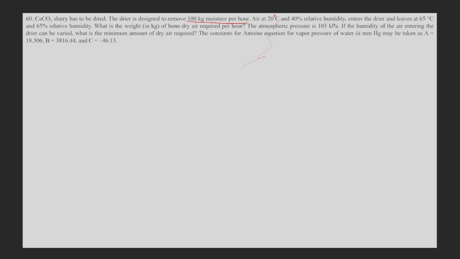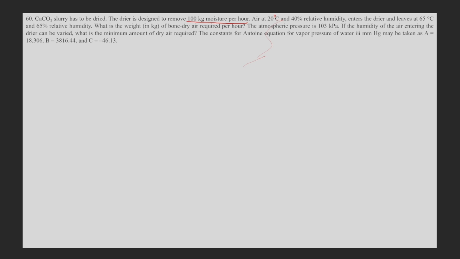See, the air enters at 20 degrees Celsius with a relative humidity of 40%. That means it has to go outside carrying more moisture, because after drying the slurry, the leaving air will have more moisture, because air will get the moisture. So the relative humidity will increase.